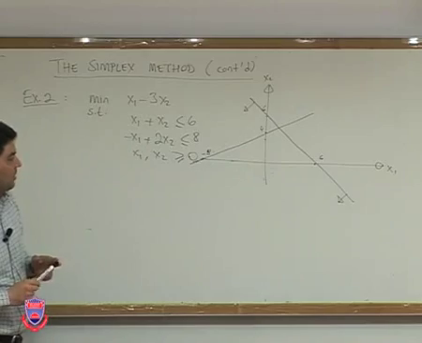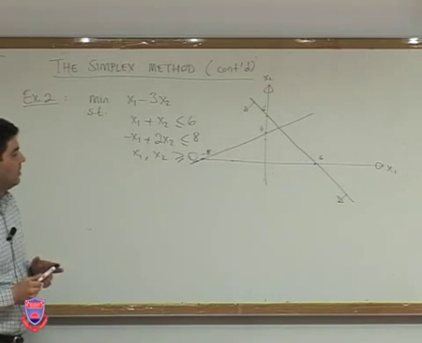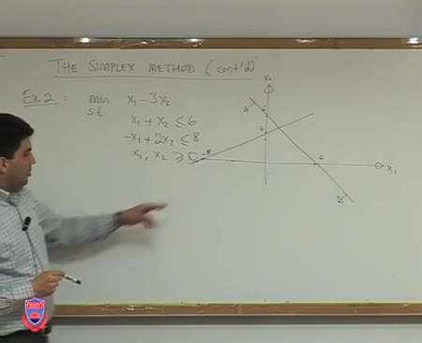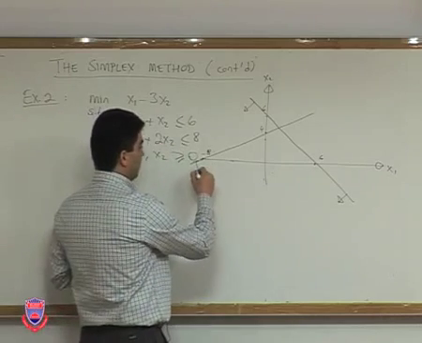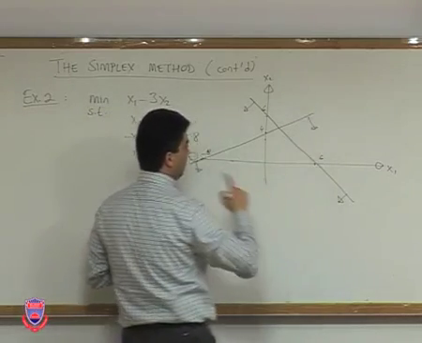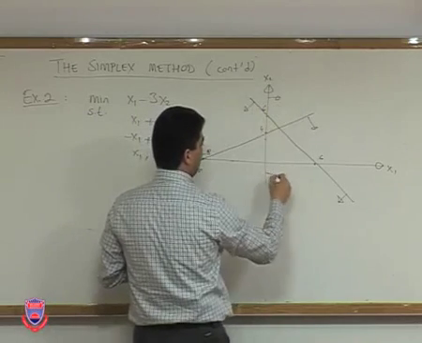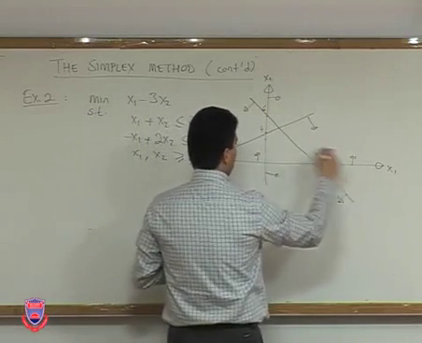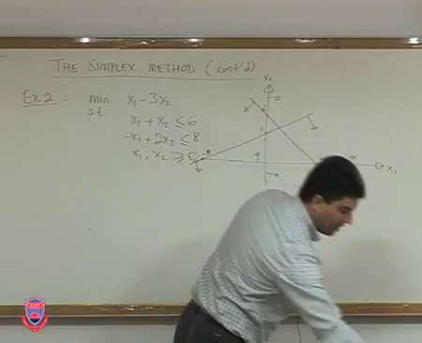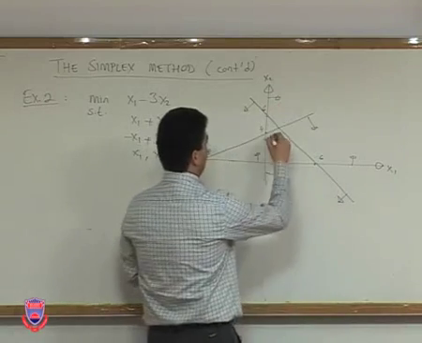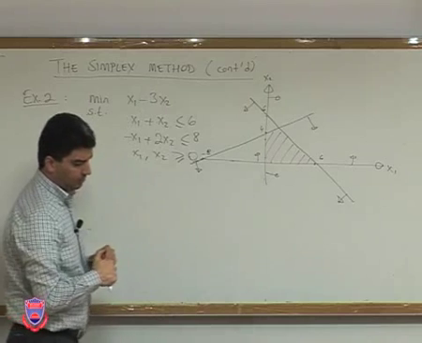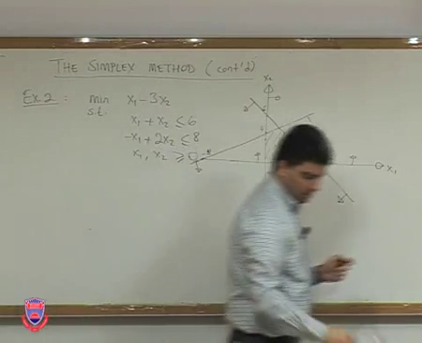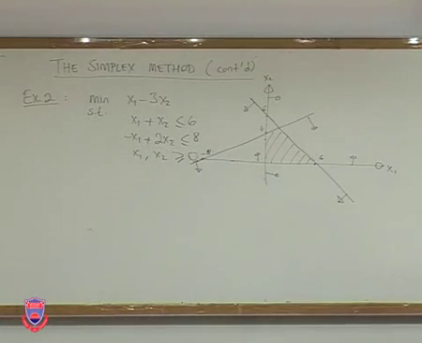Which side should I pick? If you plug in the origin, it is feasible, so the origin is on the correct side and I pick this side. Then I have non-negativity of x1 and x2, and as a result my feasible region is given by this shaded area. This is what my feasible region looks like.